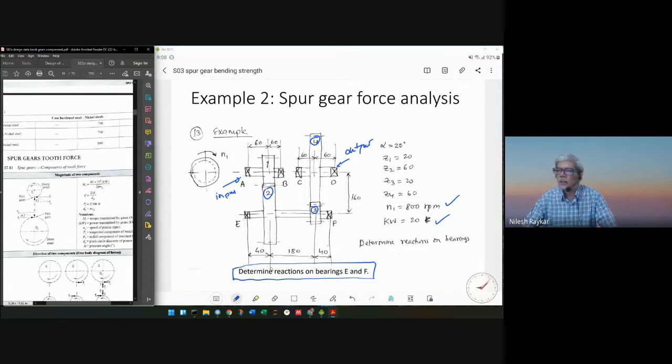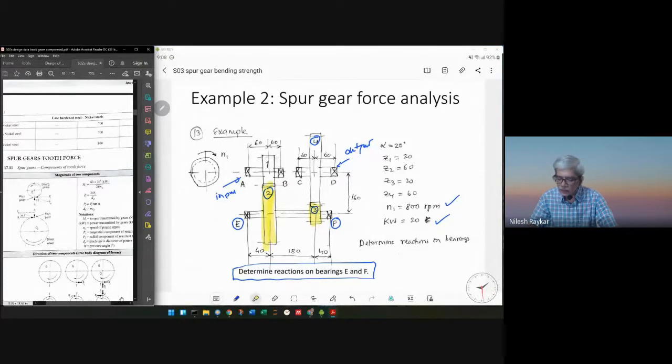We have to determine the reactions on bearings E and F. Bearing E is here and bearing F is here, which means we need to determine the forces acting on gear number 2 and gear number 3. That much we know.